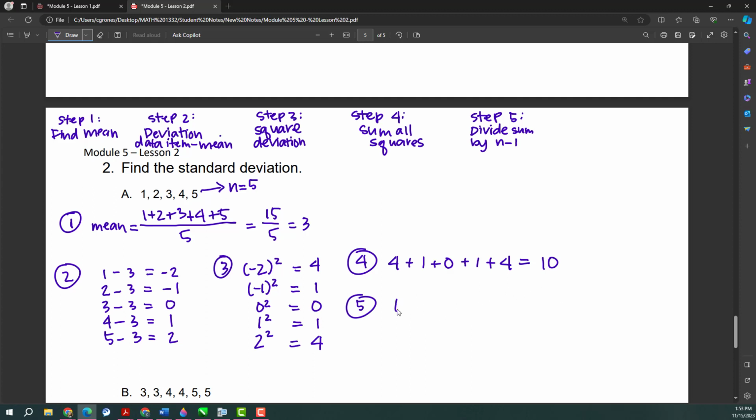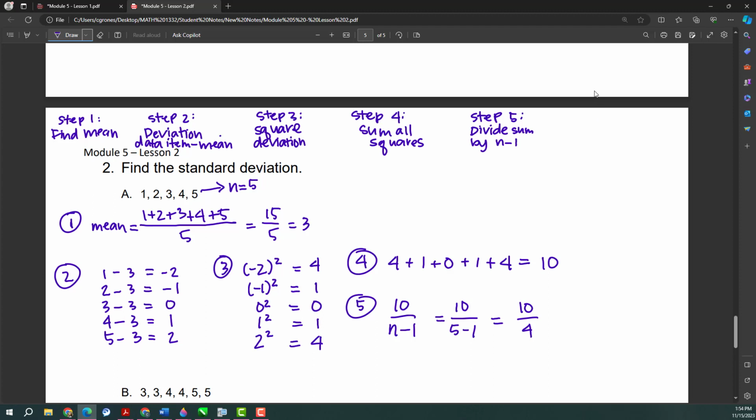We're going to take our sum from step 4 and divide it by n minus 1. Since n equals 5, it would be 5 minus 1, so 10 divided by 4.